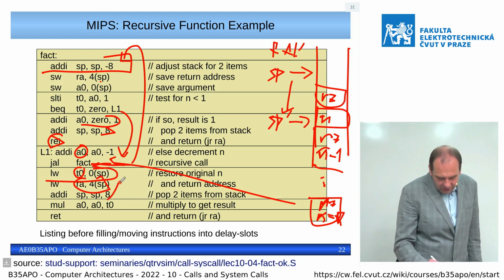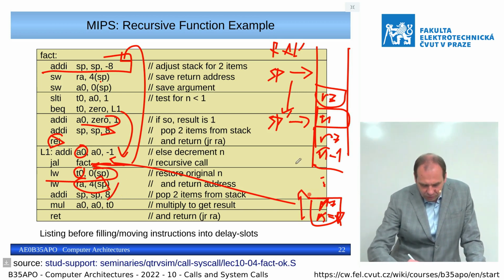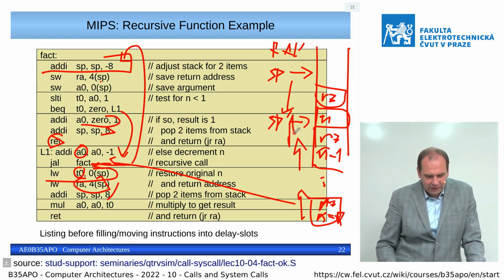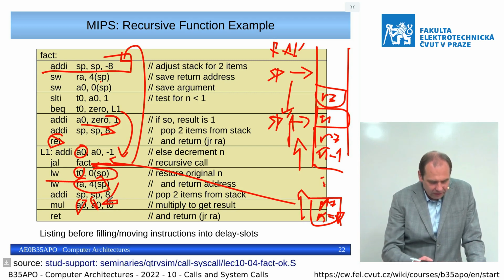We can even remove the space on the stack, so each time when we return from the recursion, we move one stack frame up, and then there is the actual multiplication of A0 by T0, so by the previous n value, and we return.